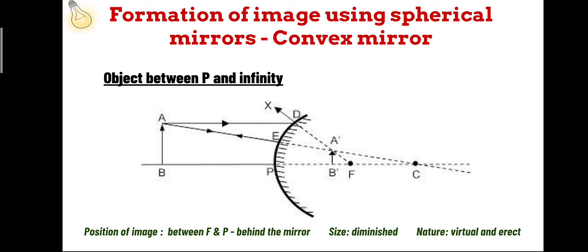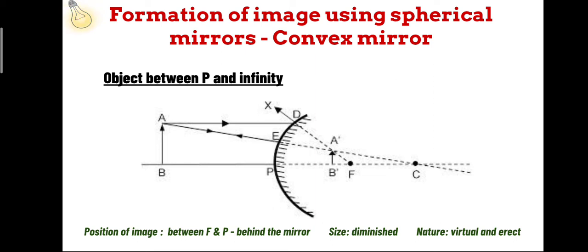Similarly, if we place the object anywhere between infinity and the pole of the mirror, we find that the image is formed behind the mirror between the pole and the focus of the mirror, and the image properties are diminished, virtual and erect.